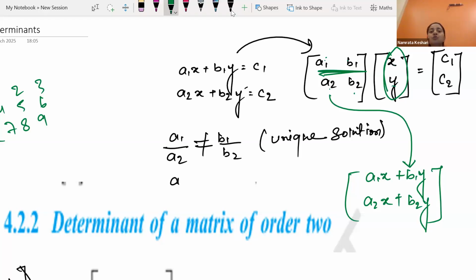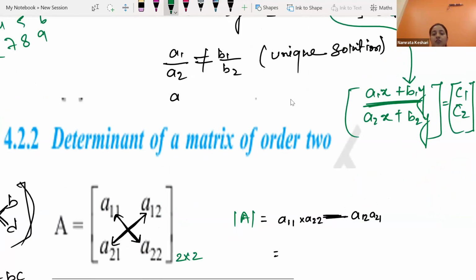What I am trying to show you is that the linear equation which you have already learned in the previous class can be written in the form of a matrix like this, and compared with the C1, C2 constants on the other side. Now you already have learned that equality of matrices means this element over here is the same as that element over here. So are you realizing that we ended up getting the same equation, right?